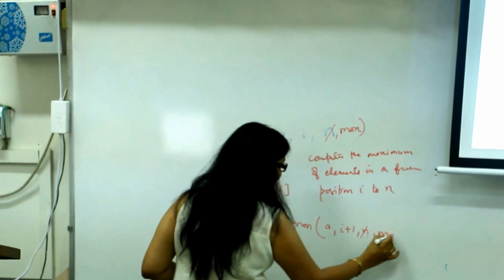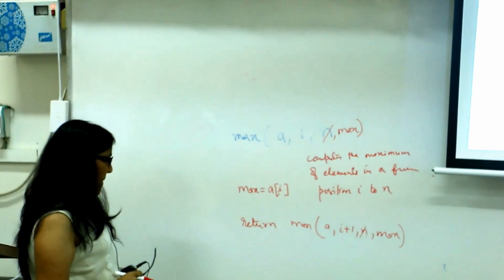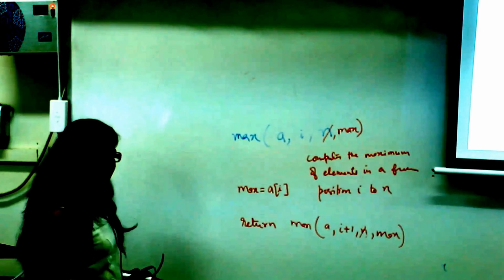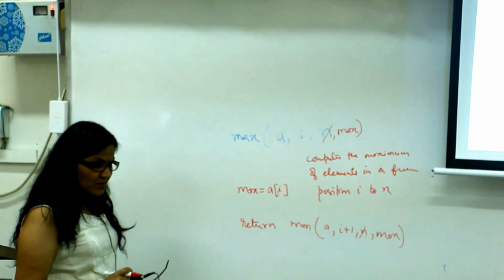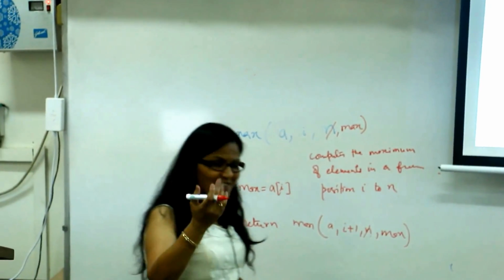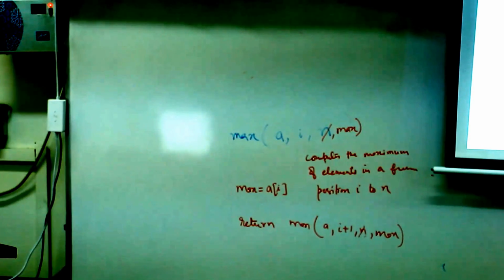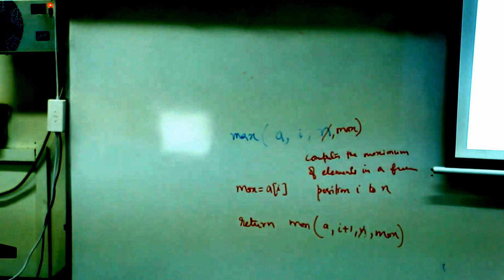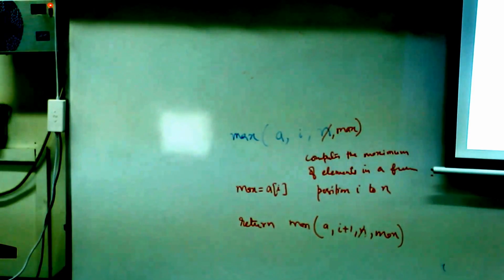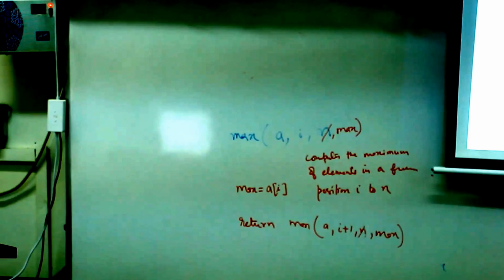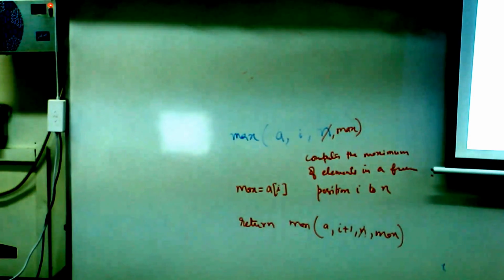N is not changing. Max is equal to, and again max will be something like this, 1 comma max. This I was doing. I just want to give an idea, right?